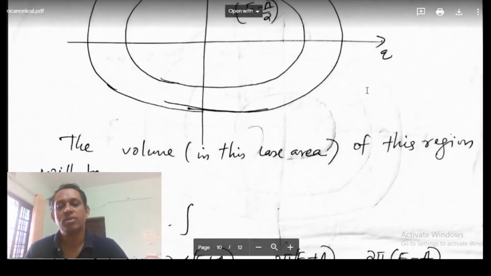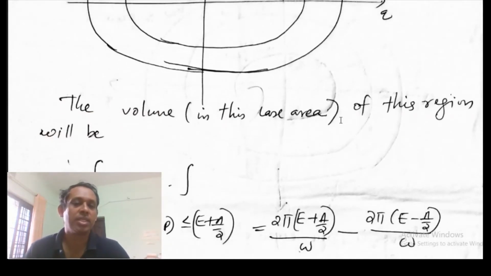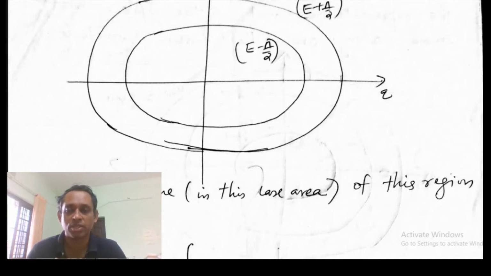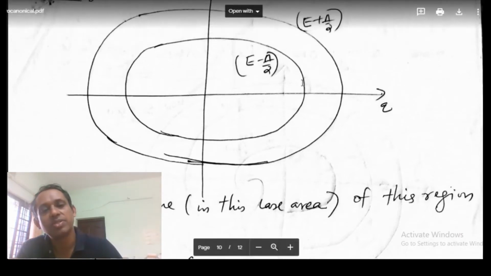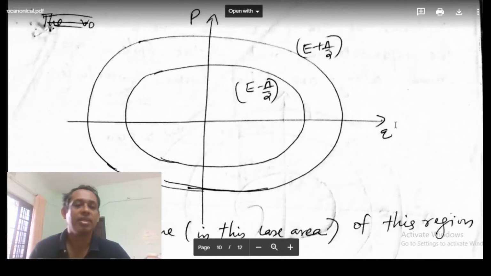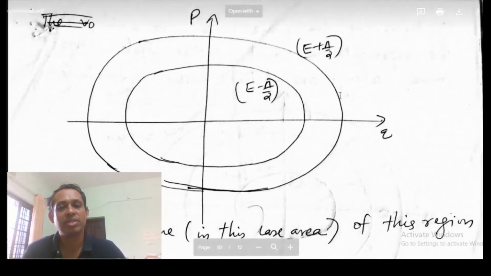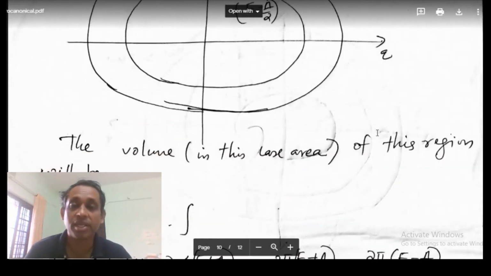Now we are finding the fundamental volume omega 0, but in this case the phase space is just two-dimensional, the position and momentum. Since it is two-dimensional, we say it is area.